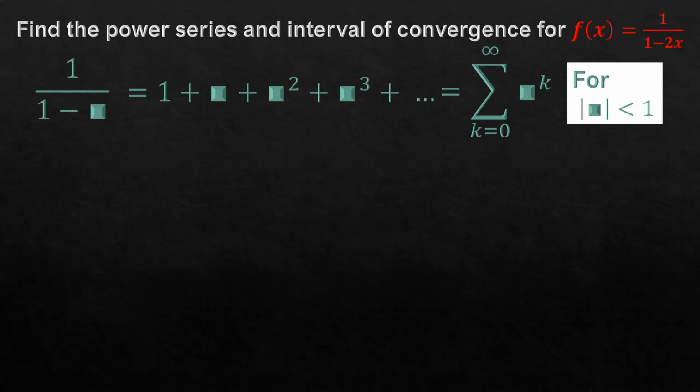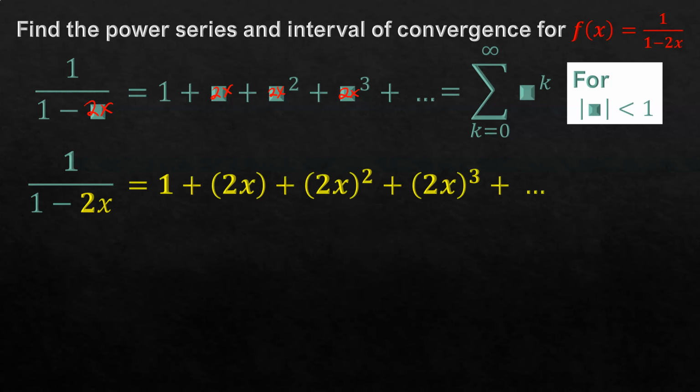Okay, so how do we relate that to that geometric series, our function f of x? Well, our function f of x has 1 minus 2x in the denominator. So the blank really is 2x, right? So wherever we see blank, we'll put in 2x.